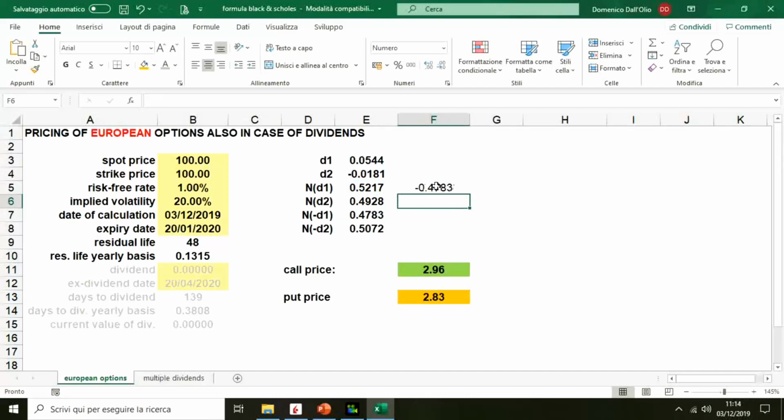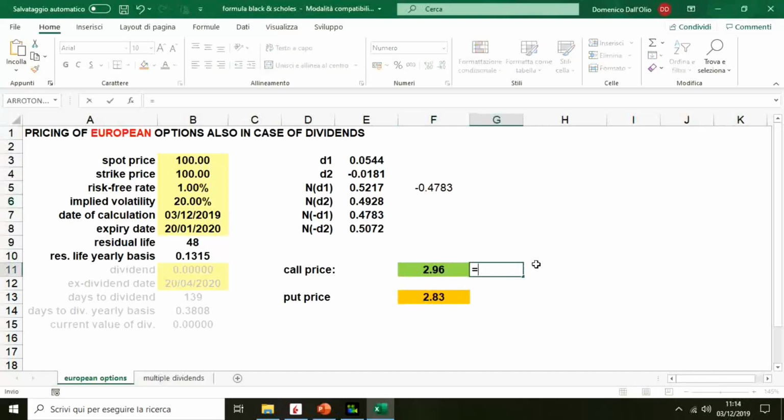This would be the delta of the put only if the put had the same implied volatility of the call. And the same applies for the price, because the put price is 283 only if the implied volatility of the put is the same as that of the call.